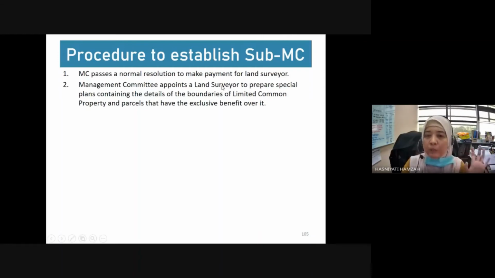Dia akan panggil lah, dia akan appoint to prepare special plans. We call it special plans containing the details of the boundaries of the limited common property and parcels that have the exclusive benefit over it.